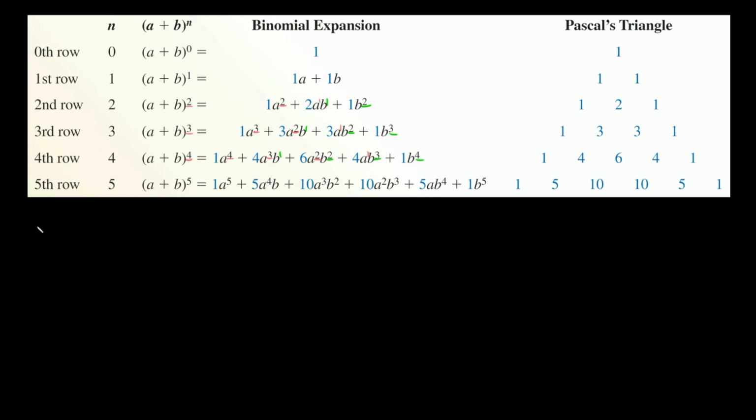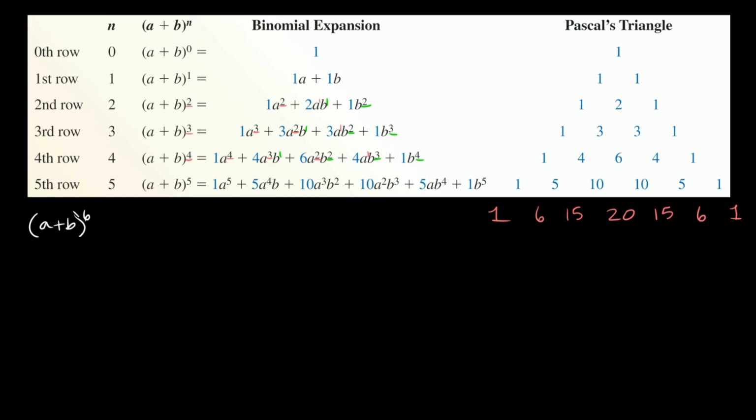So if we wanted to find, for example, the next row, a plus b raised to the 6th power, how could we do that? Well, again, we would have to start with our coefficients. At the ends, we always have 1, and then here we would have 6, 15, 20, 15, and 6. Those would be our coefficients.